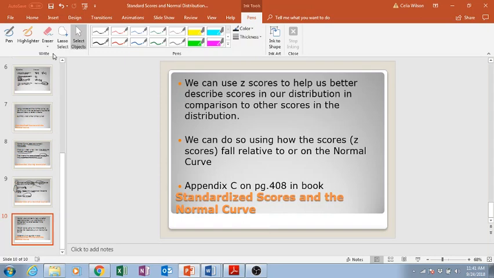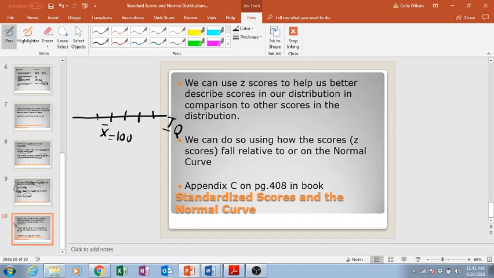All right, and so before we get into that activity, what I want to do is just remind you, remember how we were talking about those IQ scores? And I only use IQ because most people are relatively familiar with IQ. Remember we said they have a mean of 100 and a standard deviation of 15.